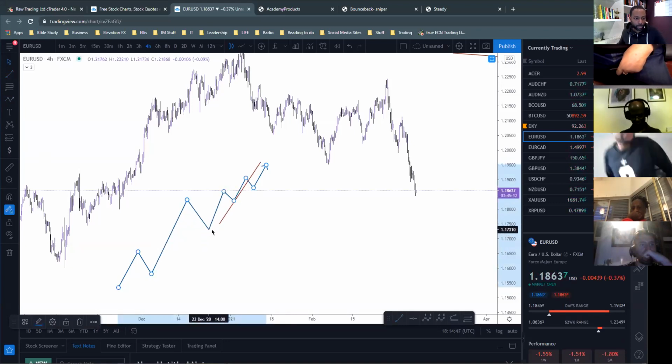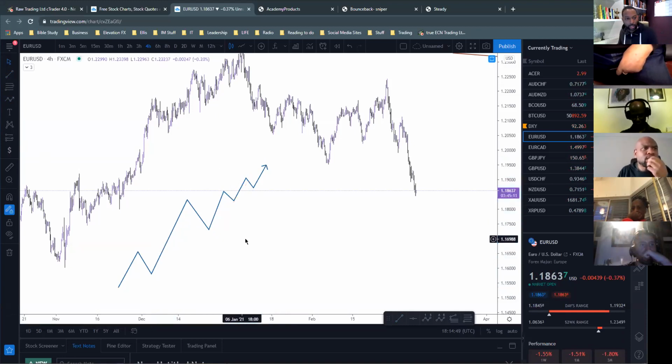Okay. Now, what we want to do is spot the opportunities when the market might be reversing. Please stay with me on this because this is really cool. This is the cool bit. We want to spot the opportunities when the market might be changing direction.